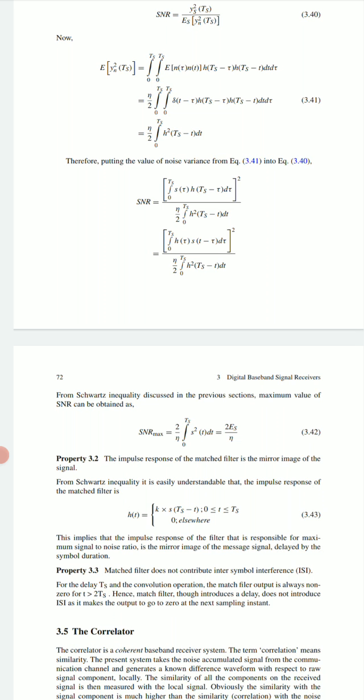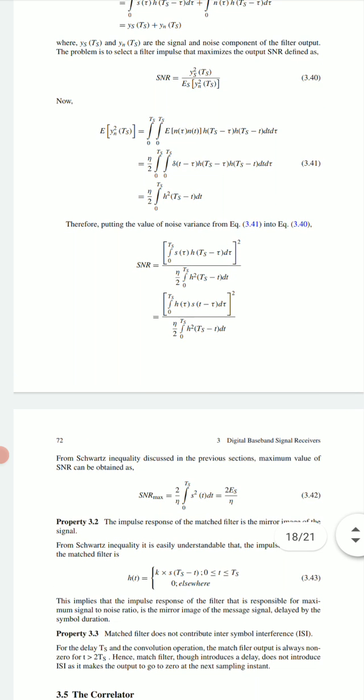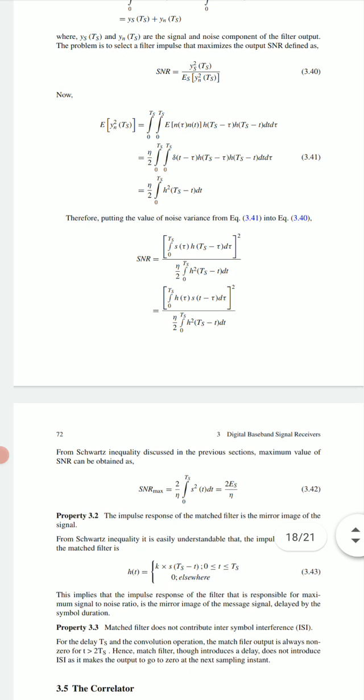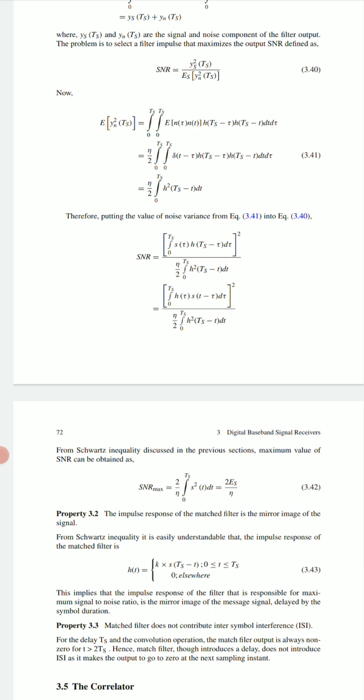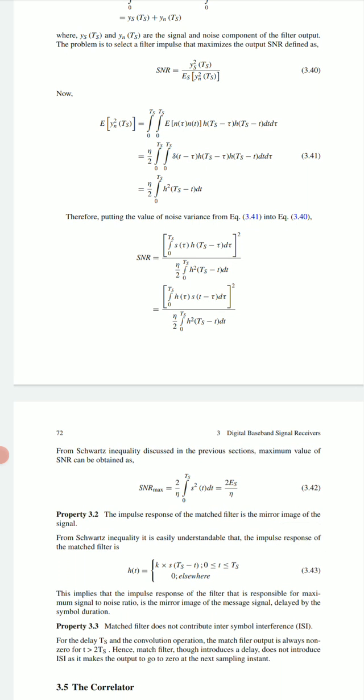The maximized signal to noise ratio equals 2 over eta times the integral from 0 to Ts of s squared(t) dt, which is exactly 2Es over eta. Again, the output signal of the matched filter is proportional to the shifted version of the autocorrelation function of the input signal to which the filter is matched, because the impulse response of the matched filter is the mirror image of the signal.